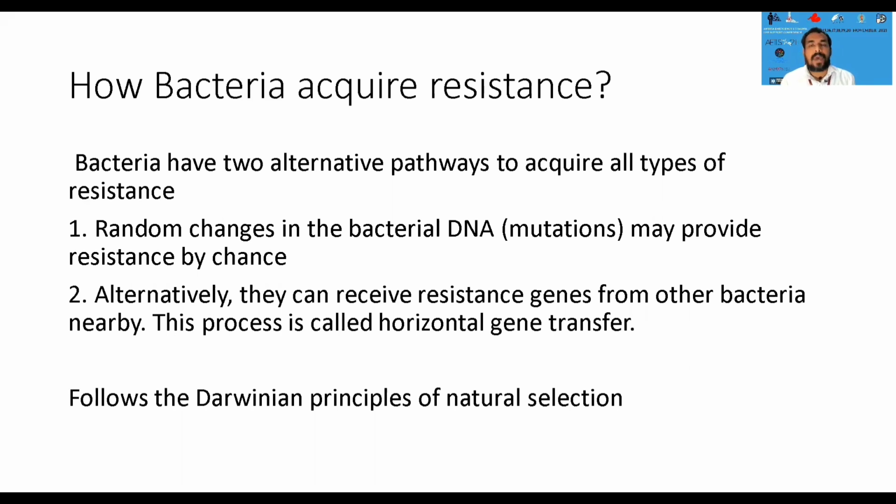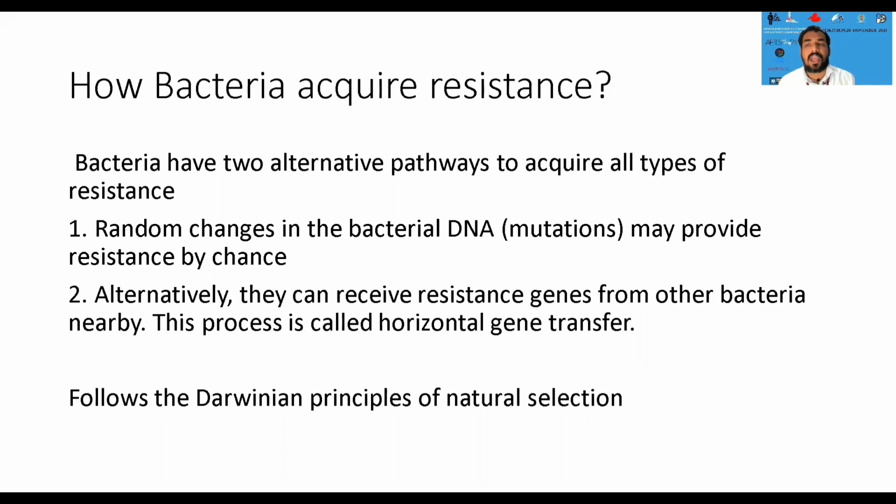Bacteria have two pathways to acquire resistance. One is mutations, and these mutations provide resistance, and alternatively, they can receive resistance genes from other bacteria nearby. This process is called horizontal gene transfer. And of course, the Darwinian principles of natural selection apply even to bacteria.